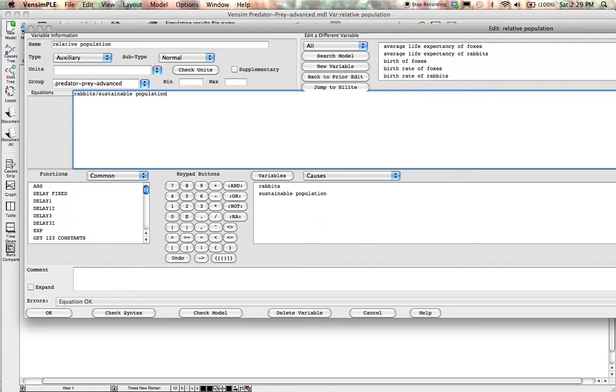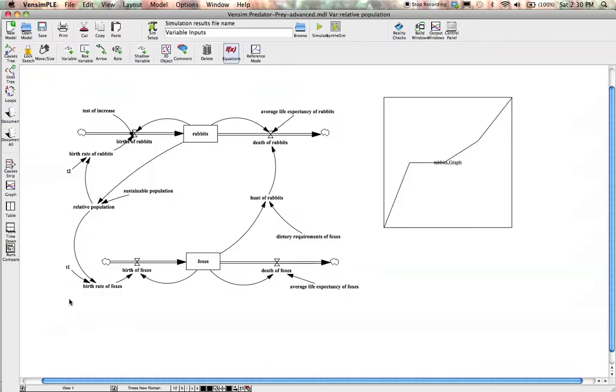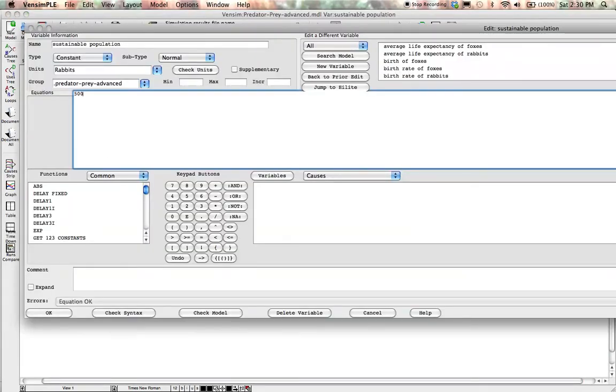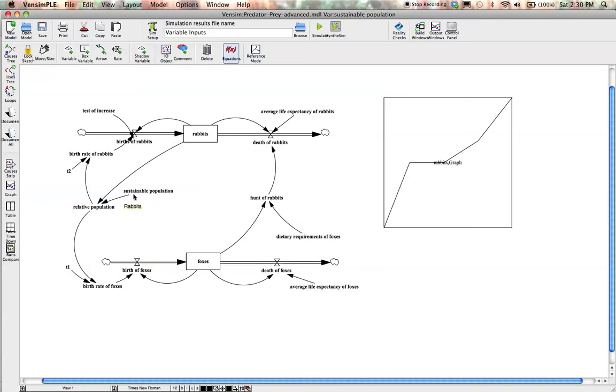So the idea is that you look at the rabbits as they compare to some population, and this could be a target population, or in this case it's being called sustainable population, some value, which in this model is equal to 500 rabbits, as you click back to the equation for the sustainable population. That allows us to calculate a ratio of the rabbits to that sustainable population, and that tells us through a table what the birth rate of rabbits is.